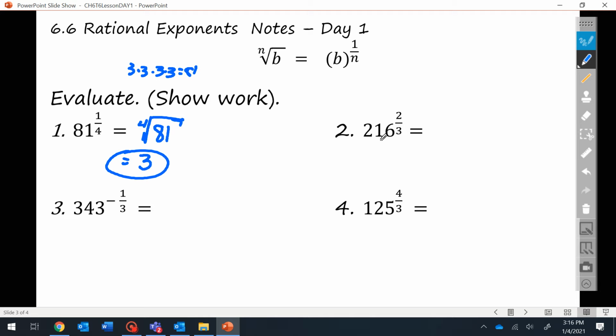What about 216 to the 2/3 power? If we rewrite this as a radical, it's the 3rd root of 216 squared. Well, let's see what 216 squared is. It's a little bit too big to work with. So let's do this a different way.